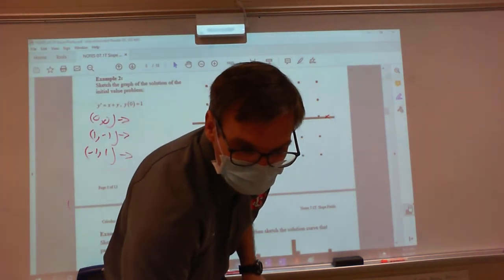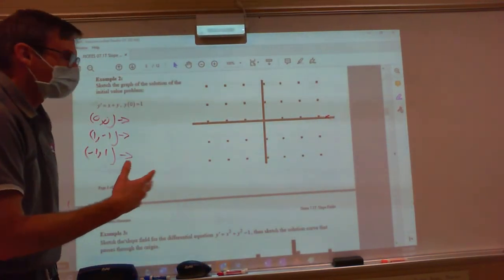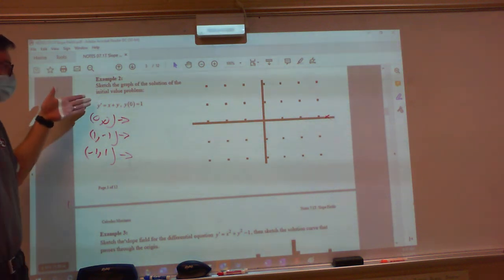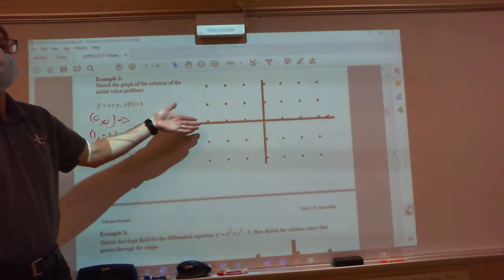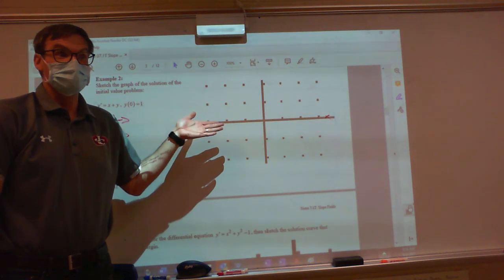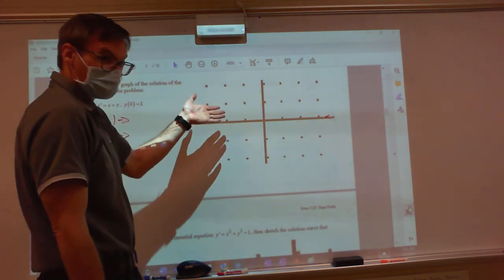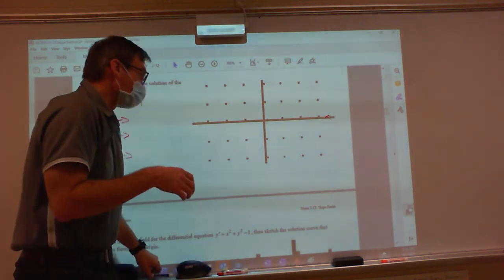Now I want to go through how I do this. To physically list out all these coordinates would be very tedious, wouldn't it? There are just a ton of coordinates to try to plug in.